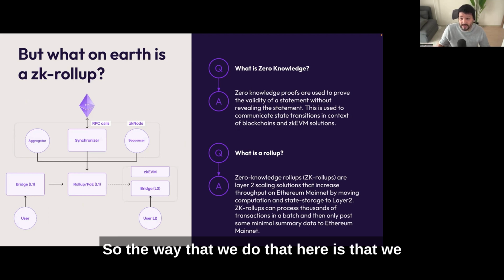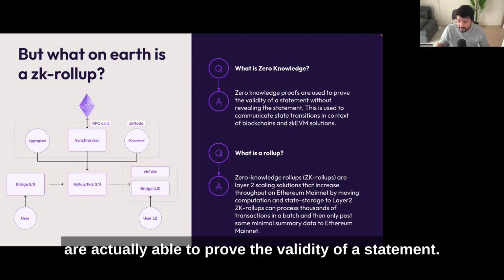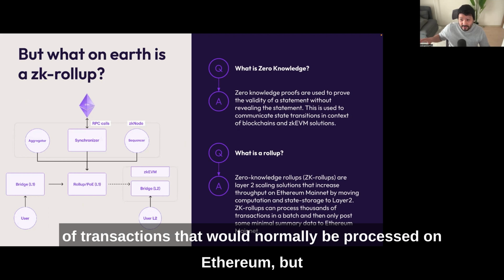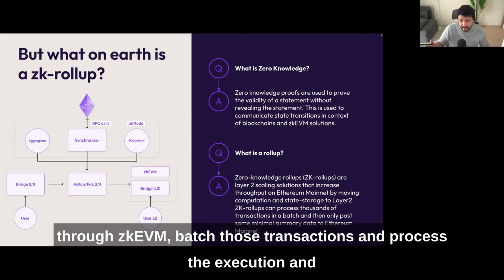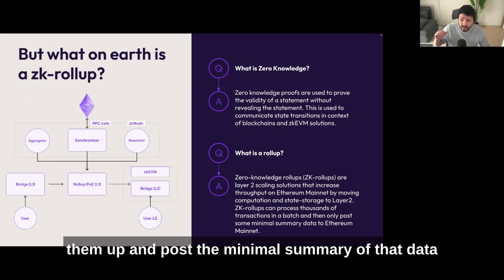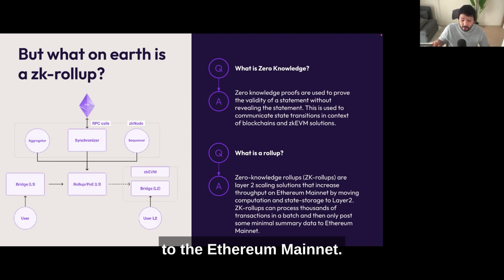So the way that we do that here is that we are actually able to prove the validity of a statement. And basically what happens is zkEVM takes a whole bunch of transactions that would normally be processed on Ethereum, but through zkEVM, batch those transactions and process the execution, and then roll them up into a single transaction, right? And batch them up and post the minimal summary of that data to the Ethereum mainnet.